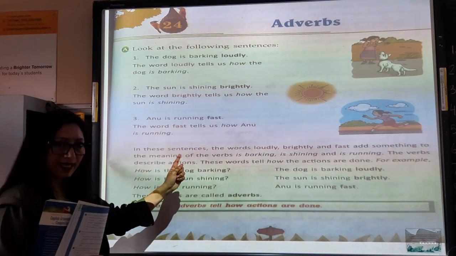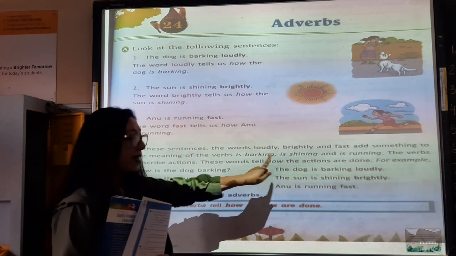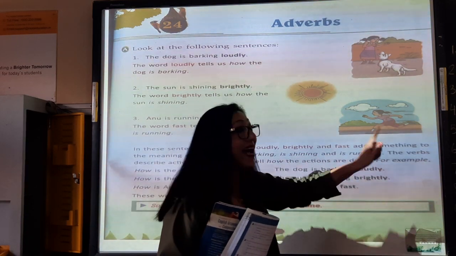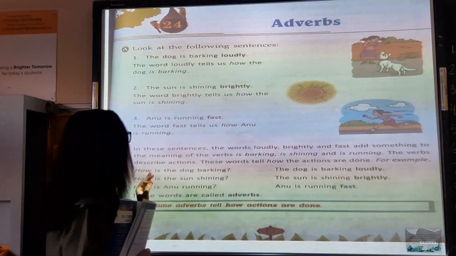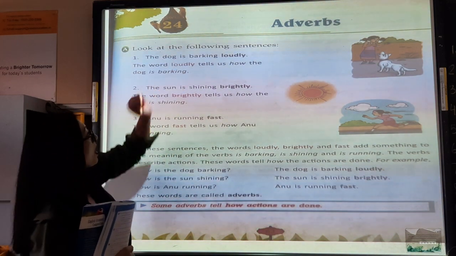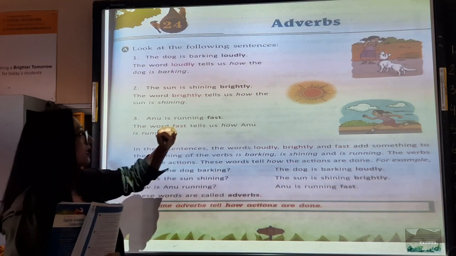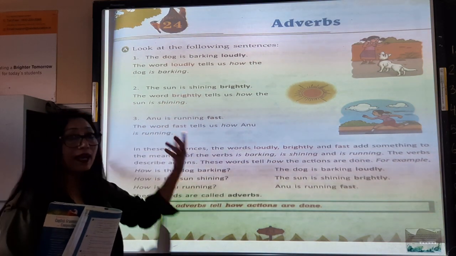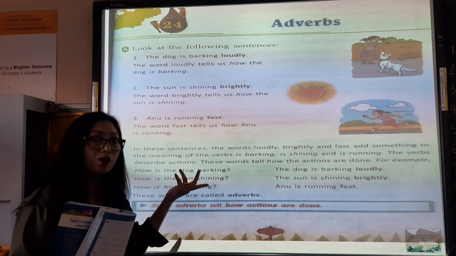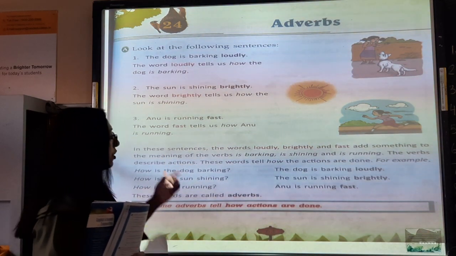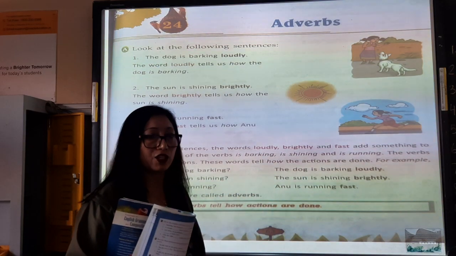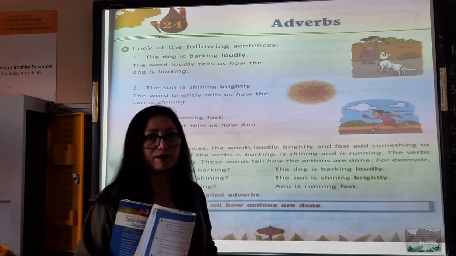In these sentences, the words loudly, brightly and fast add something to the meaning of the verbs. Is barking? How? Loudly. Is shining? How? Brightly. Is running? How? Fast. So, these words tell how the actions are done.